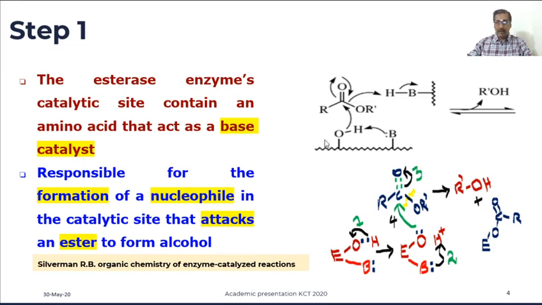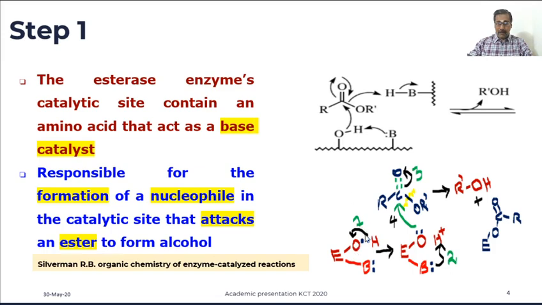So there will be a base catalyst and a nucleophile. Usually the nucleophile will contain a hydroxyl group. Even in the esterase enzyme, the hydroxyl group will act as a nucleophile.